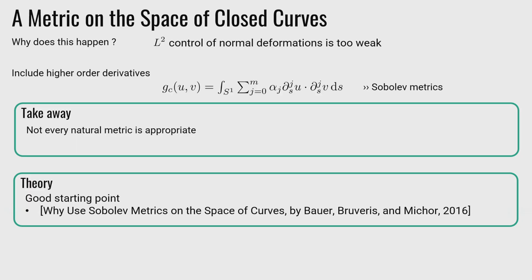I personally like this article by Bauer, Bruveris and Michor, because it's a really good starting point if you want to look closer into this. It's accessible information about why use these metrics, what is the problem if you use other metrics, and what results are there.